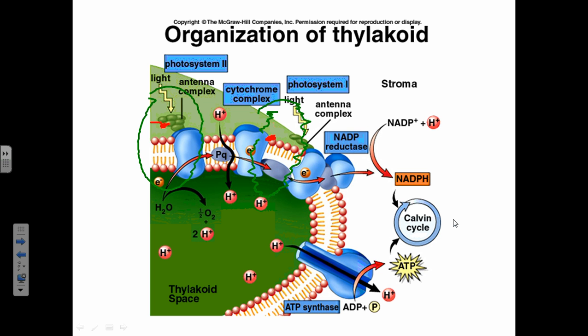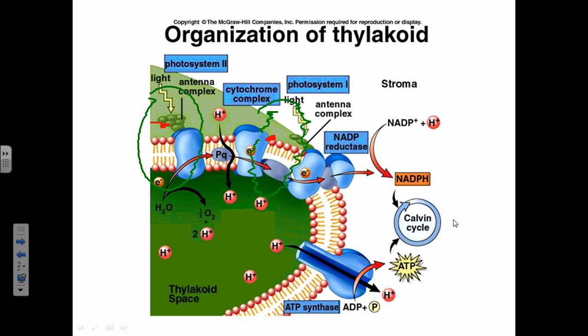The electrons that leave photosystem 2 go across these proteins here between 1 and 2 called the cytochromes. We also call those proteins what else? ETC. They transport electrons. So the ones from 2 are used to do what to 1? The electrons from photosystem 2 do what to photosystem 1? They reduce it.